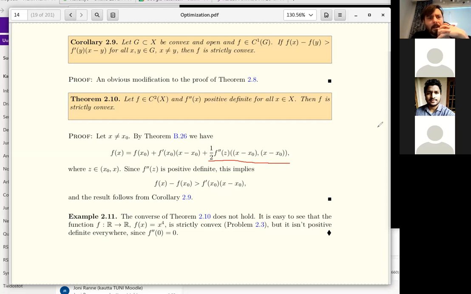And that means that if you rearrange the terms, then the change in f of x minus f of x0 is going to be greater than f prime at x0 times x minus x0.